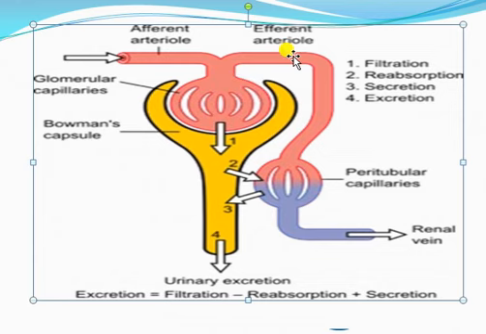So they can filtrate. They are made up of epithelial cells only, the capillaries. Arterioles are then further divided into blood capillaries. Everybody knows.